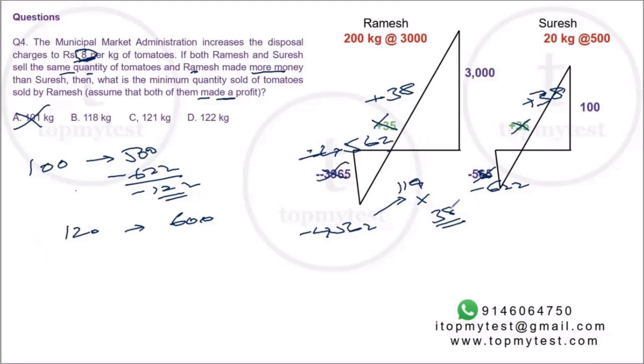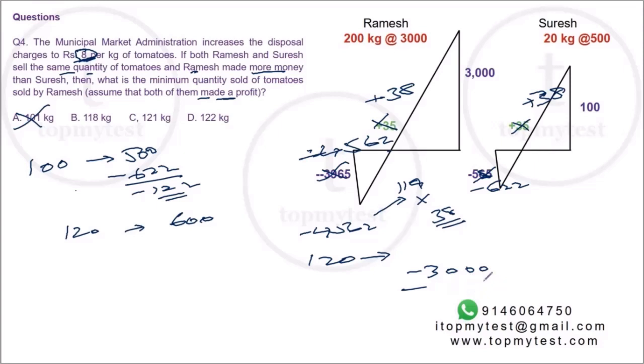Right, so we can actually calculate this exact value if you want to. For 120 kilos, he is going to lose 3,000 for cost. 80 kilos of disposal. So 8 into 80 will be 640.